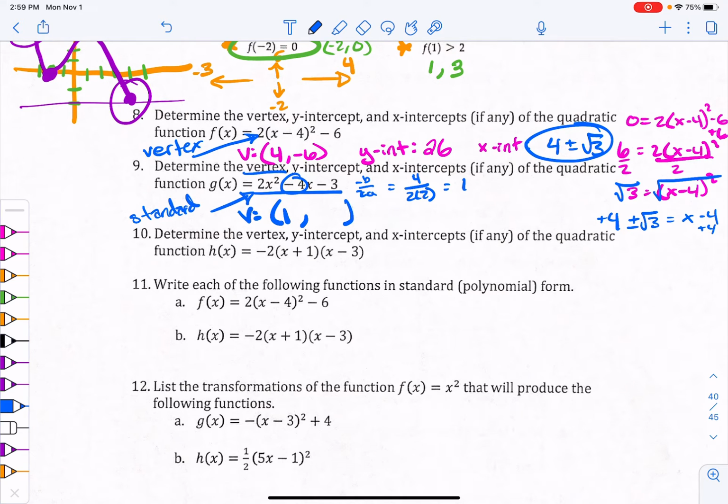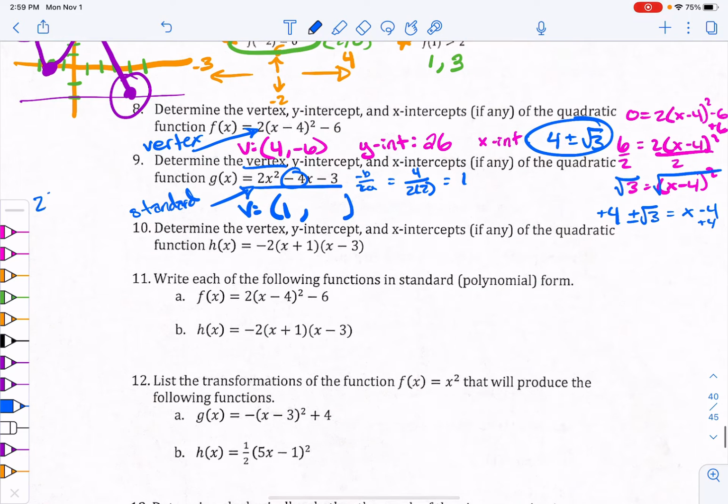So we're going to plug it back in. 2 times 1 squared minus 4 times 1 minus 3. This will just be 2 minus 4 minus 3, and that is negative 5. So the vertex is at (1, -5), okay?